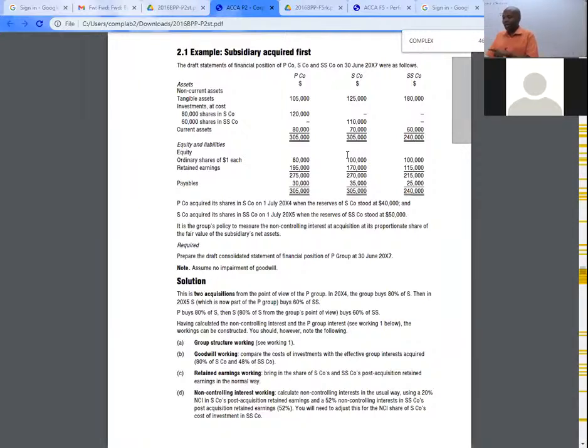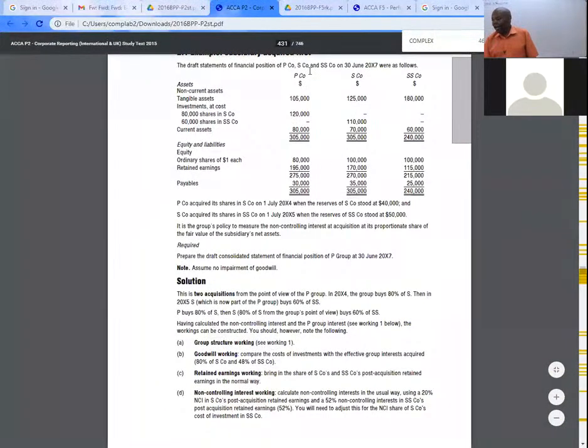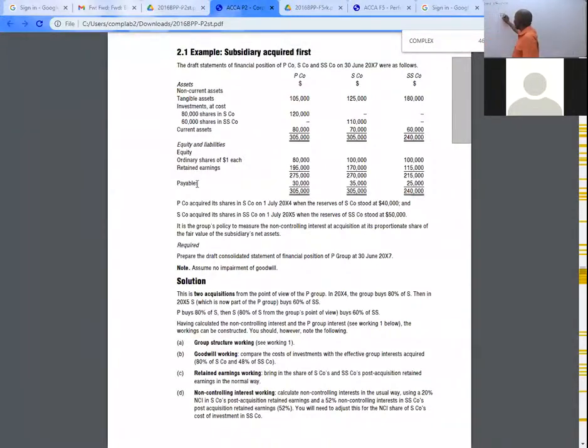So 100,000, fortunately with a par value of 1, divided by 1 gives us 100,000. So ladies and gentlemen, this translates to what percentage of share ownership? 80%.